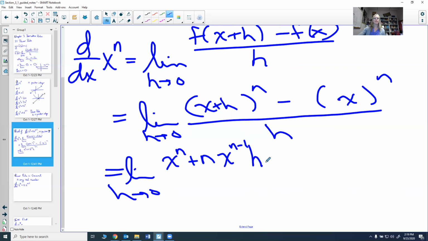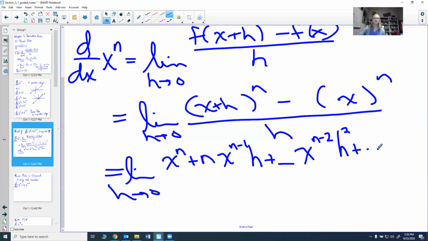There was no h, so now there is an h. Then we're going to have something, and we don't know exactly what that number is going to be because it does change. And then you're going to reduce the power on the x by 1 and increase the power on h by 1.